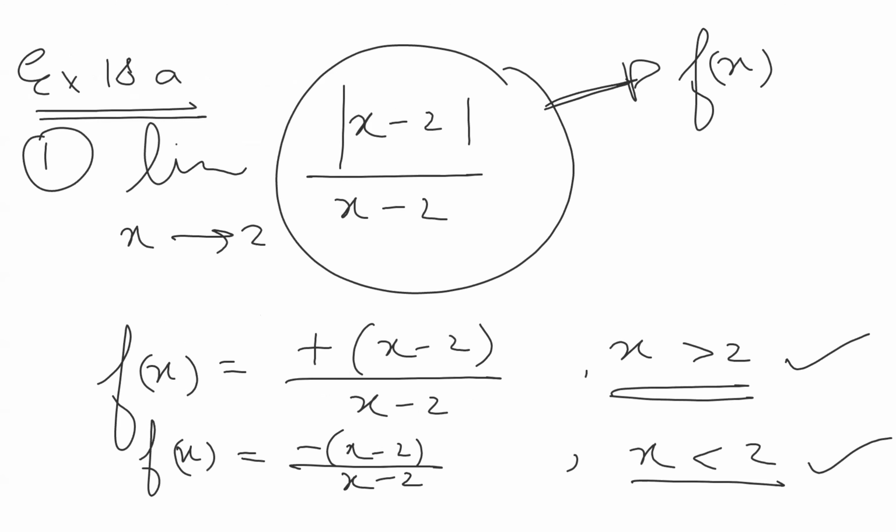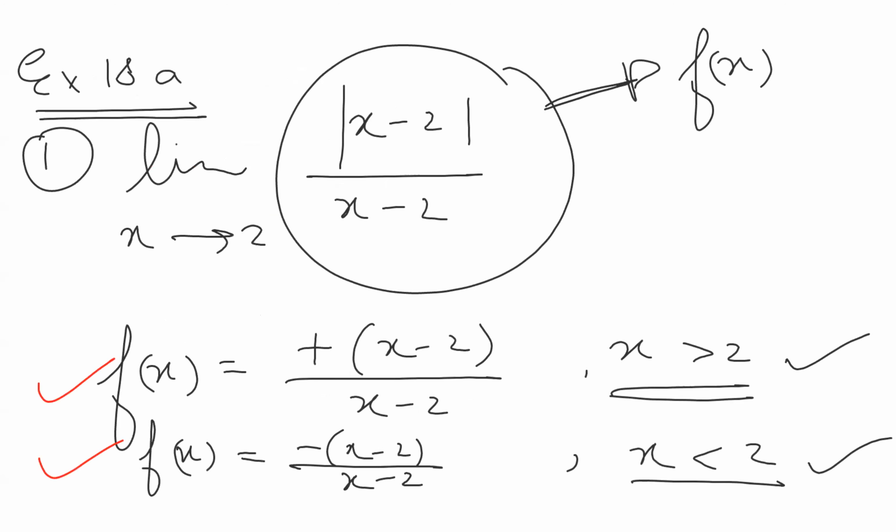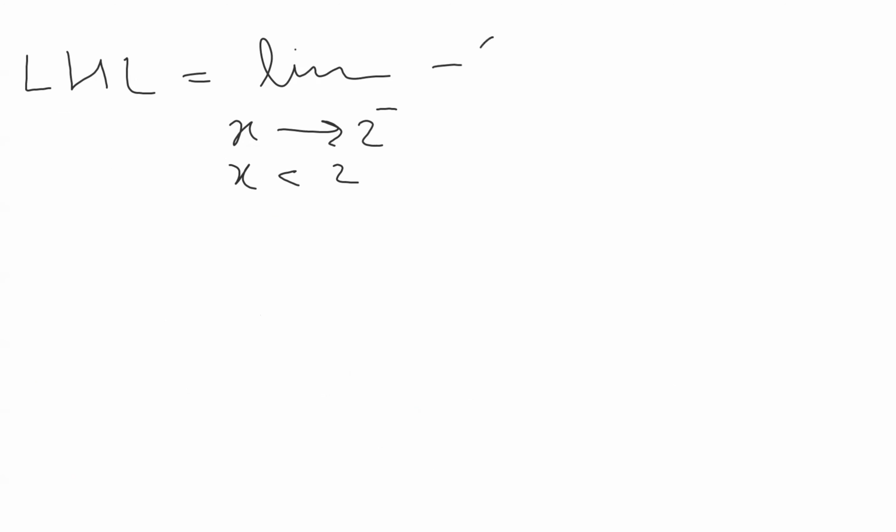Which function should we consider, the first function or the second function? Certainly we will consider the second function because x is less than 2. So I'll write it as minus of x minus 2 upon x minus 2. Again, I'm telling you, just restrict this method only to the first exercise.